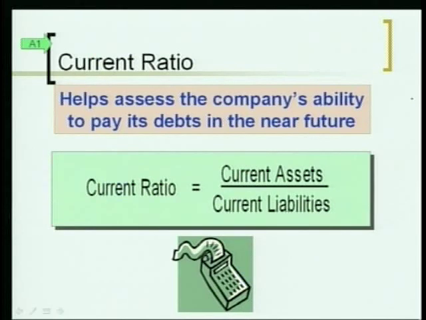This one, I promise I do. Okay? I promise you will be asked a test question on the current ratio. Okay? Because it's a very, very important ratio, one that you'll refer to in your business classes and in your accounting classes. The current ratio is simply current assets divided by current liabilities. This helps the company assess their ability to pay their debts in the short term.